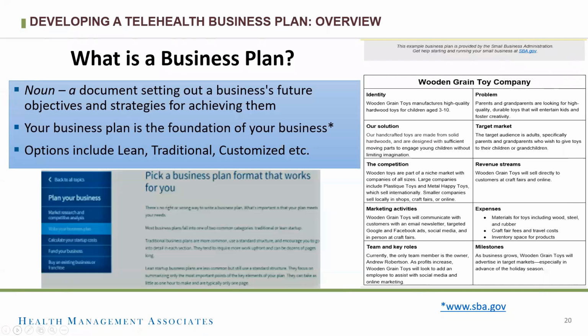And the options that you can use for your business plan could be the lean or traditional approach, or you can customize whatever fits your organization or team. And the Small Business Administration encourages you to pick the best business plan format that works for you. That's the insert you see on the bottom.